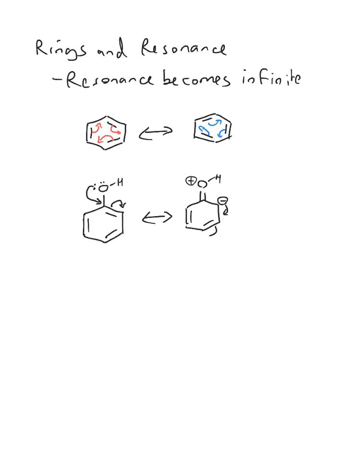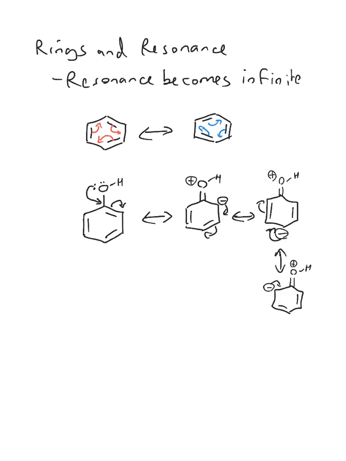Now the resonance structure can move around further. No questions asked. Well, not too many questions asked. I will definitely ask questions in exams. Look forward to that. You will get something that looks like this.